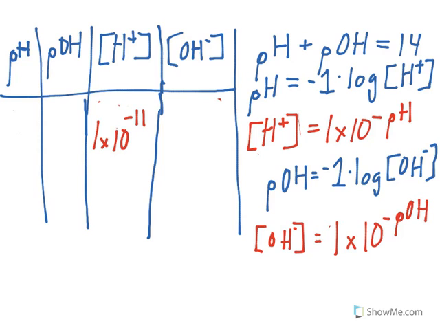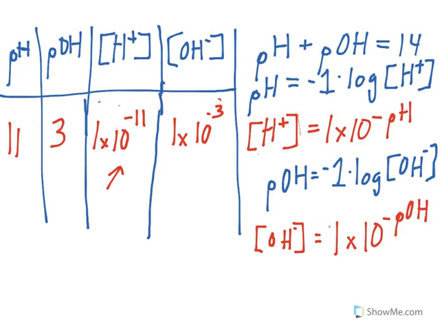Well, I do a little work here. I figure out my pH has to be 11, which means my pOH has to be 3, which means my OH minus concentration has to be 1 times 10 to the negative 3, okay? You see that?